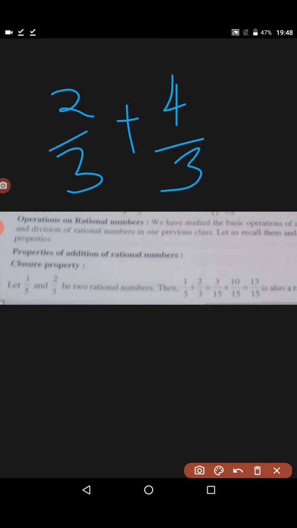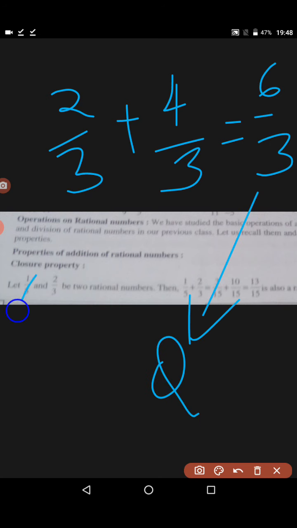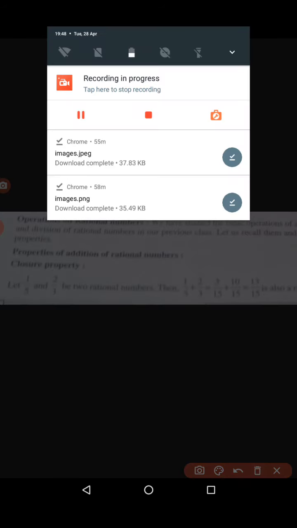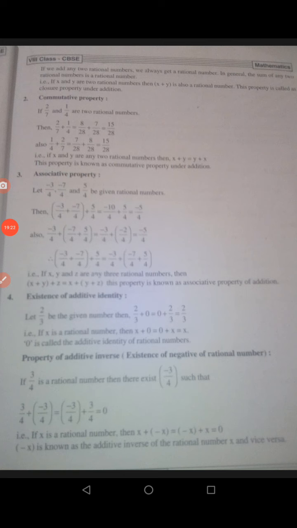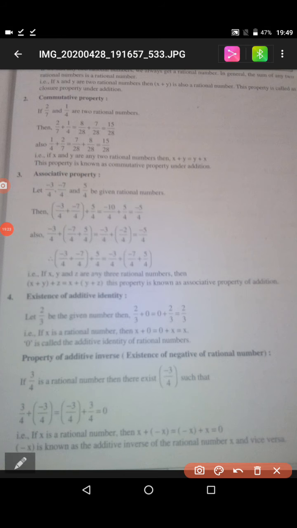So 2 by 3 plus 4 by 3 is going to be 6 by 3. Therefore 6 by 3 belongs to Q. That's all. Therefore closure property is satisfied under addition. That is what closure property is.